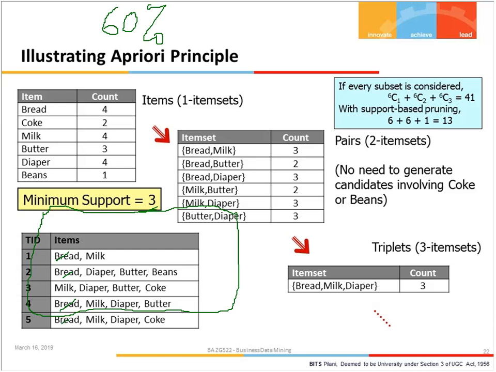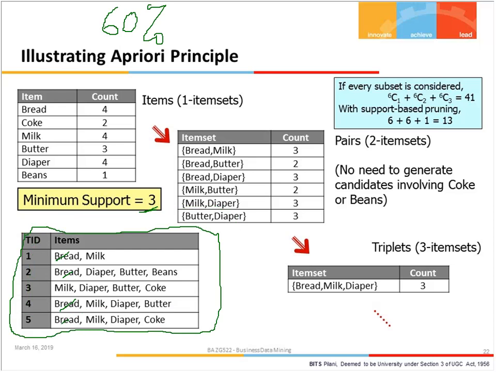So that means it is 4 out of 5. Similarly, we find the support for all items, and then we use the threshold 3, that is 60%, to say that this should be eliminated, and this should be eliminated. So beans and coke cannot be frequent. Any superset containing beans or coke need not be evaluated for frequent item sets.